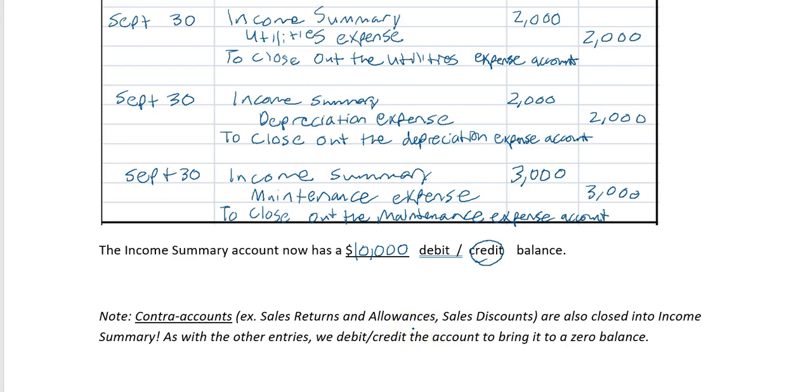So we will credit them, put them into income summary and bring them to a zero balance. So you'll see more of these accounts in the next chapter. That's something to keep in mind. You also close these accounts into income summary, much like you've closed all these expenses, which are also debit balances.